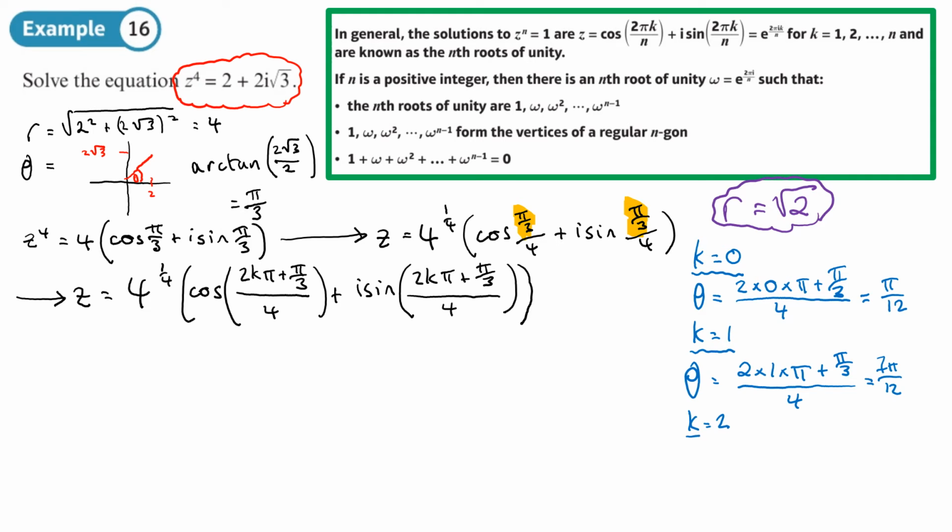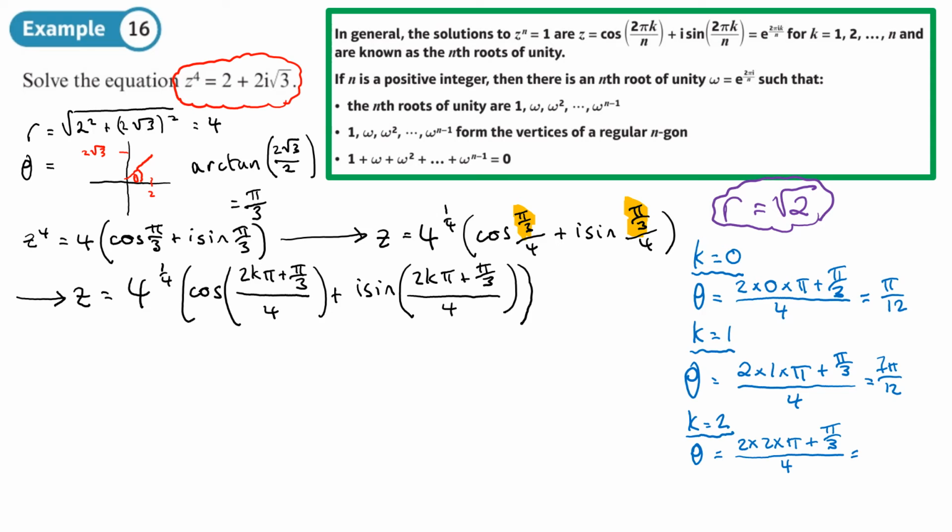K equals 2. So I'm going to have 2 times 2 times pi plus pi over 3, over 4. So I'm going to get 4 pi plus pi over 3. So that's 4 and a third pi, which is 13 over 3.